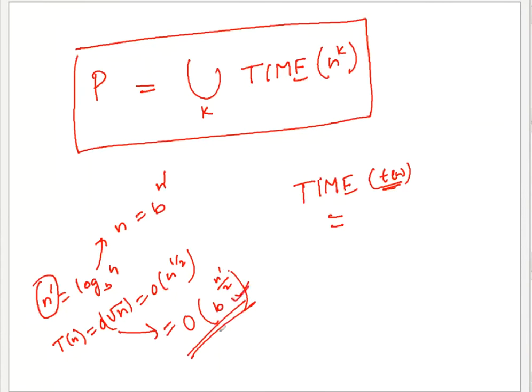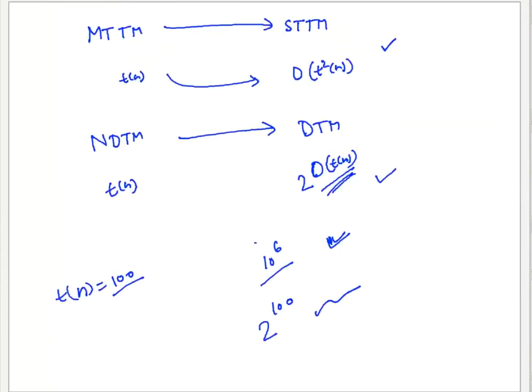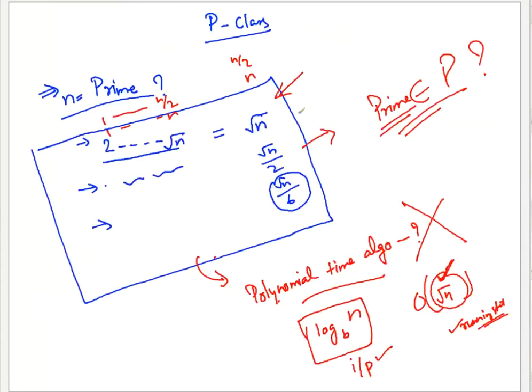Is it polynomial? It's exponential. So the algorithm that you were thinking to be a polynomial time algorithm, it is not. All the algorithms that you have written so far are exponential time algorithms.